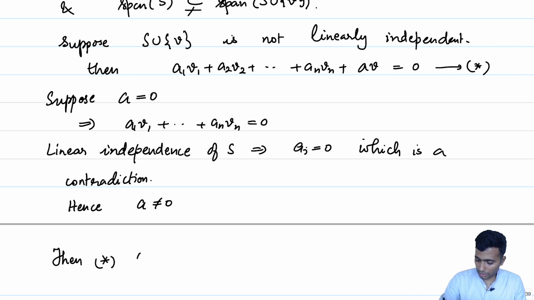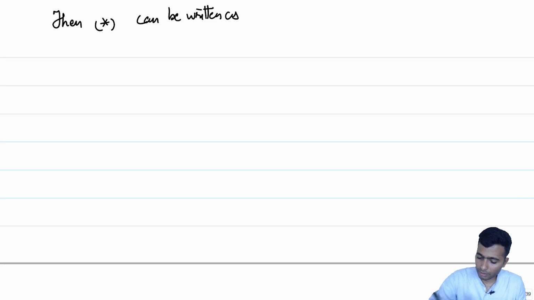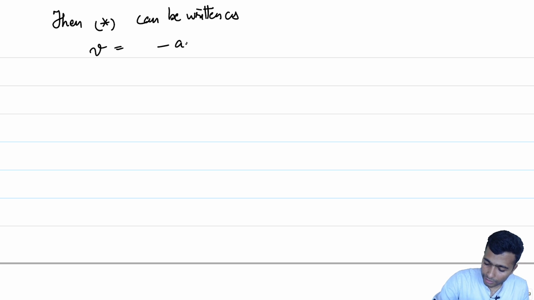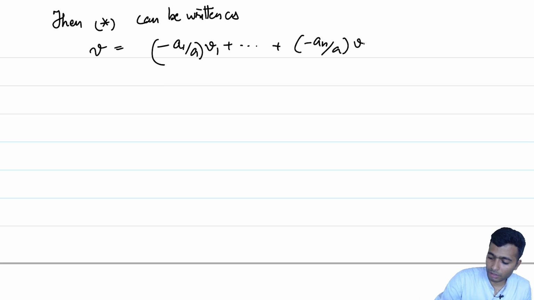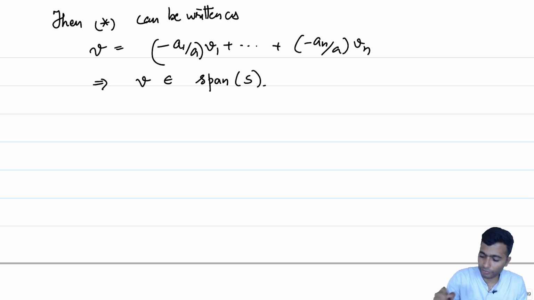Then star can be written as v is equal to minus of a1 by a times v1 plus dot dot dot minus of an by a times vn. But that implies that v is in the span of S because v1, v2 up to vn is a set of vectors in capital S, which is again a contradiction.